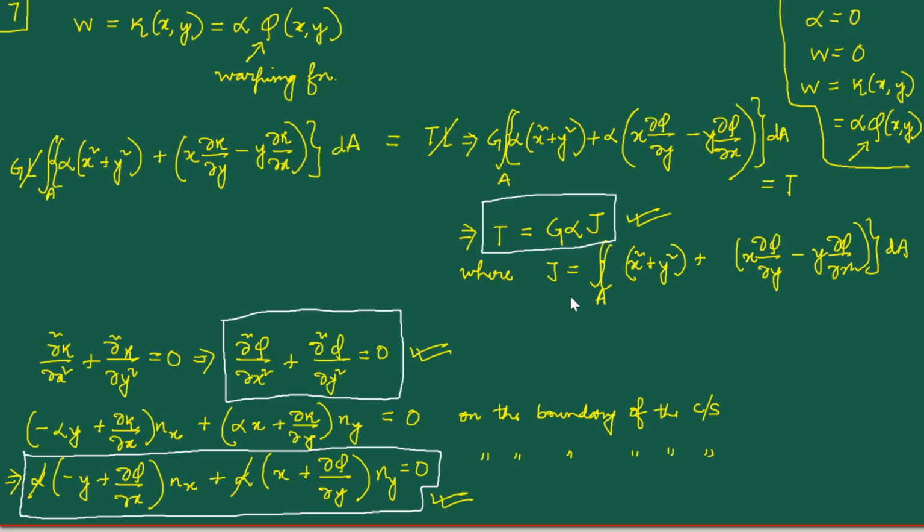The G is simply the shear modulus. The only thing that we need to note here is this expression for the J. So what I will do is I'll just copy this.